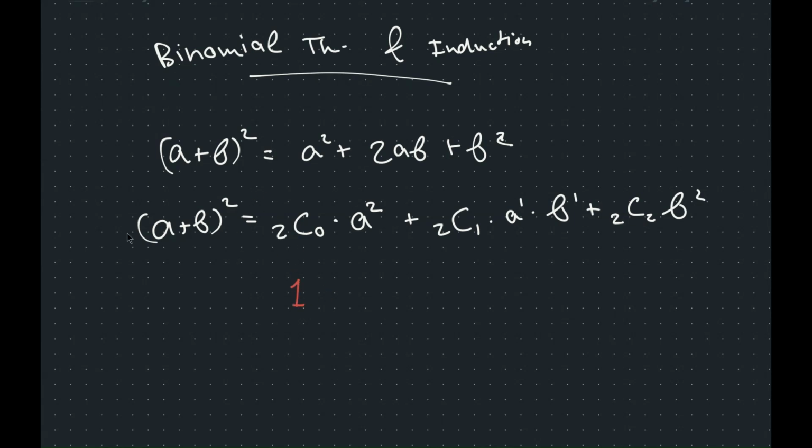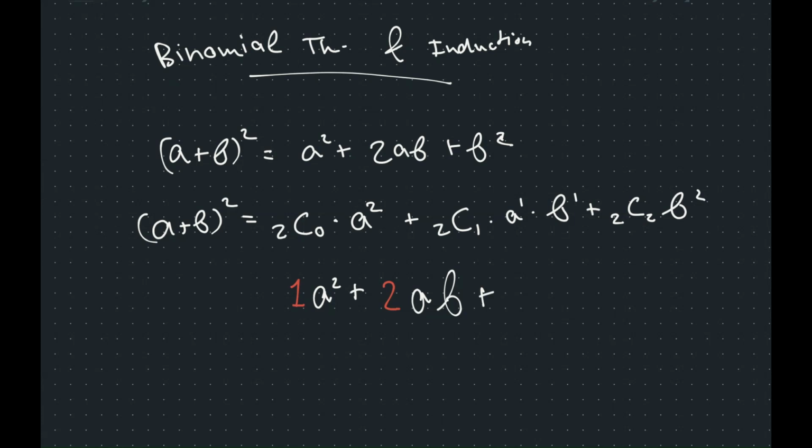So this is 1. And then I will just write a squared again. Plus, let me write 2C1. What will I get? I will get 2. And then a to the power of 1, and then b to the power of 1 itself. Rather, let me change the color. I think it would be better. So 2, and then a to the power of 1, b to the power of 1, which is just ab.